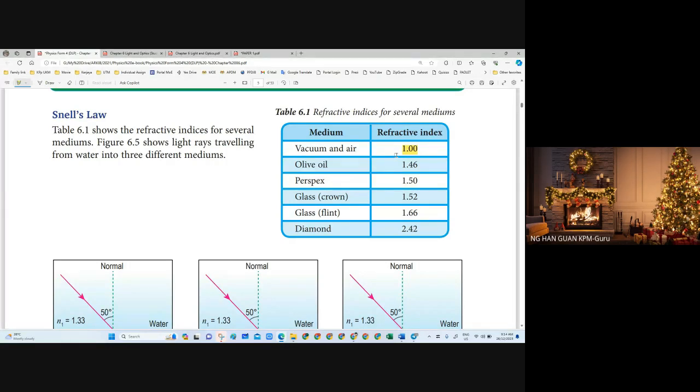So please keep in mind, we never have a refractive index less than 1. Most of the time you can expect that the denser the medium, the higher the optical density, but not all the time. Basically, for most media, if the mass density is higher, the optical density is also higher, but not all.